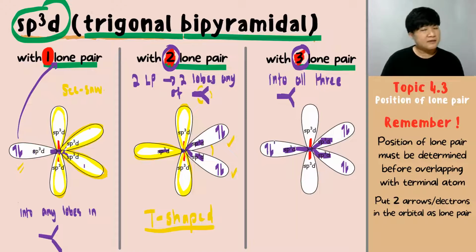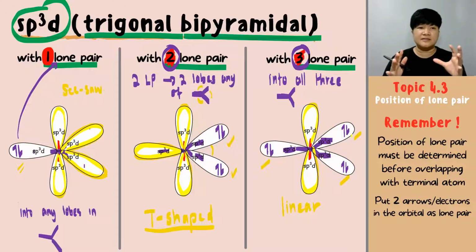The same reason, to minimize the electron repulsion. From that you can see that you have your linear shape. Remember, from your trigonal bipyramidal with three lone pairs we get your linear.